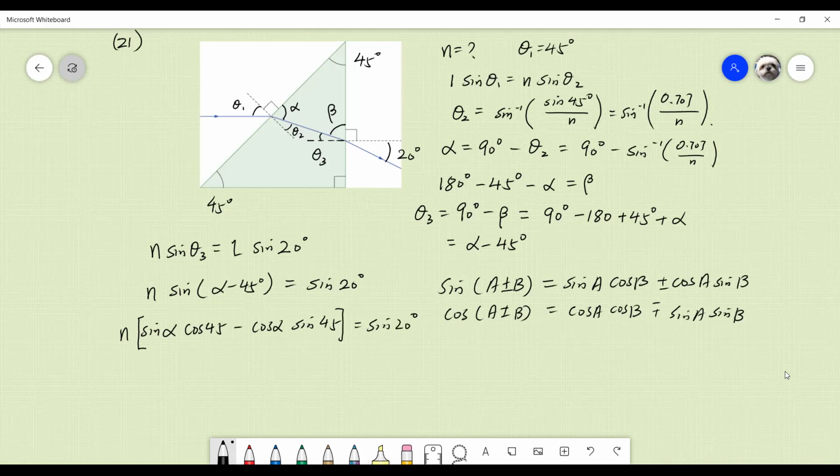Good? Now the rest of it you should be able to solve. You just solve for the N, right?